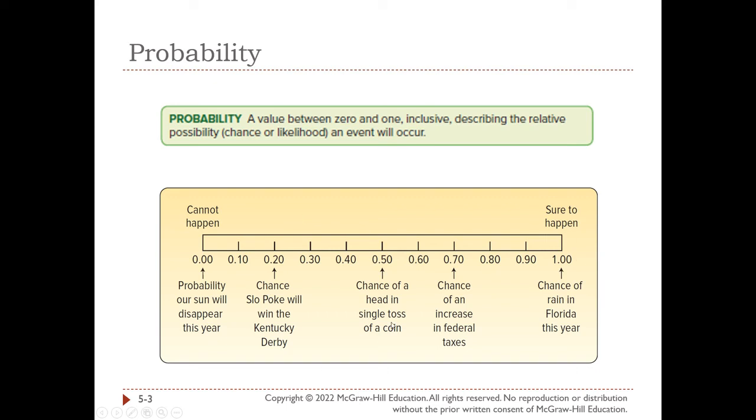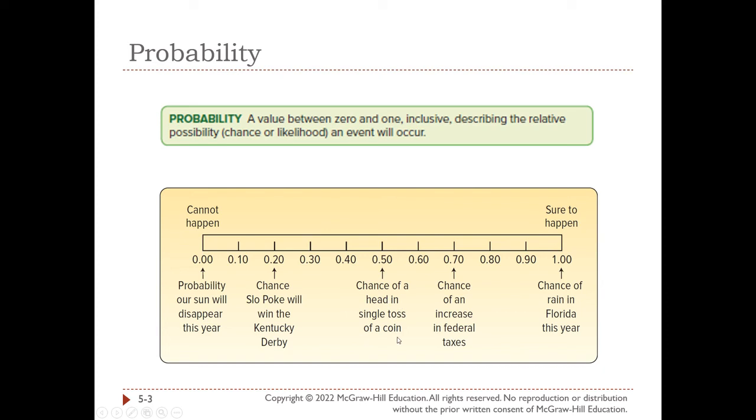They actually show this little graph here. The probability our sun will disappear this year is very, very close to 0. The chances Slowpoke will win the Kentucky Derby, 0.2. So now that's gambling. They shouldn't have gambling in here, because some people may take those odds.